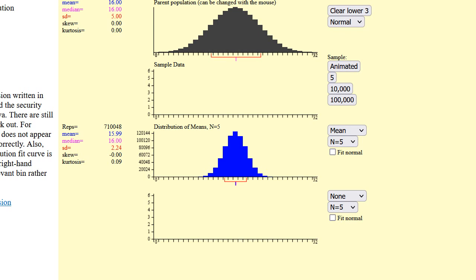Down here, the mean is 15.99, almost identical for several 100,000 samples. So what happens here is if we did not know the mean of this parent distribution, we could find out information about the mean of the parent distribution by looking at the distribution of samples of a given size. And we can change this size if we want to. We'll examine that in a little bit more detail later.